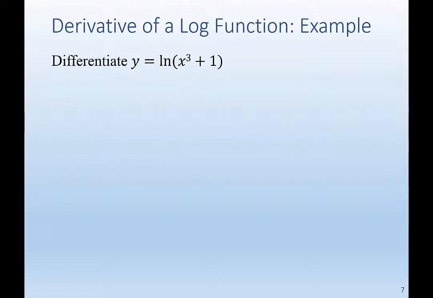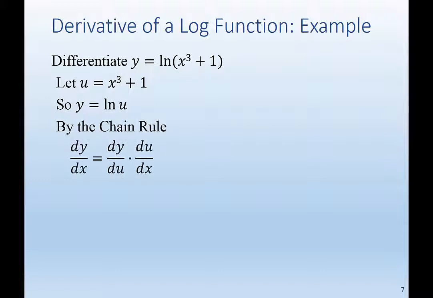In this example, we'll use the chain rule because we have a function inside the natural log function there. So our substitution will be that inner function, u equals x cubed plus 1, and then we can express y in terms of that u. So the chain rule tells us that to differentiate y with respect to x, we'll differentiate it with respect to u firstly, and then the u with respect to x.